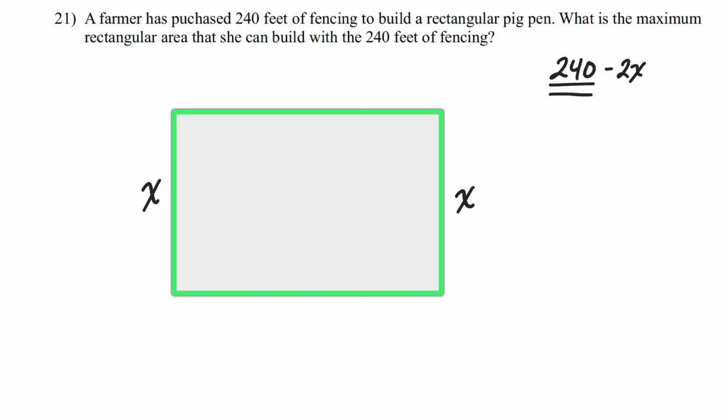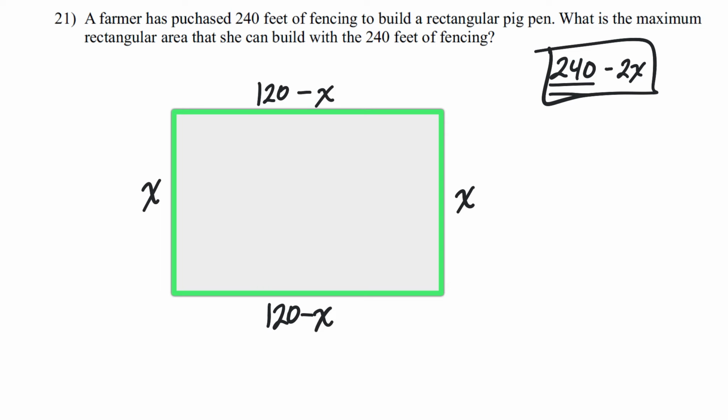Now, there are 2 sides to this fence, and they're equal sides. So the way we find what each one is, we have to divide this by 2. Half of it will be up here, so half of 240 minus 2x, and the other half of 240 minus 2x goes here. So this is the formula that we've created to find the area of this fencing.